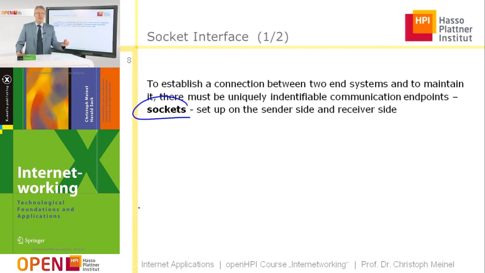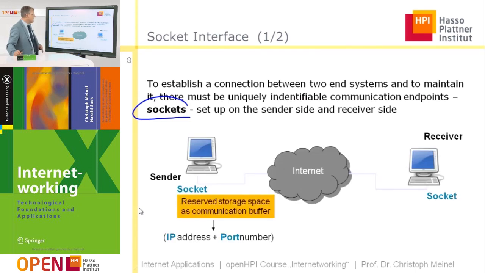So on the sender side as well as on the receiver side, such communication endpoints with some resources are needed, such sockets are needed, and then the communication runs between these sockets. So the connection between the two systems, and in order to ensure that these communication endpoints are uniquely identifiable, such sockets are needed. So here is a picture.